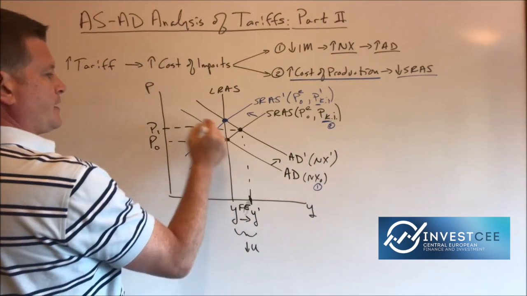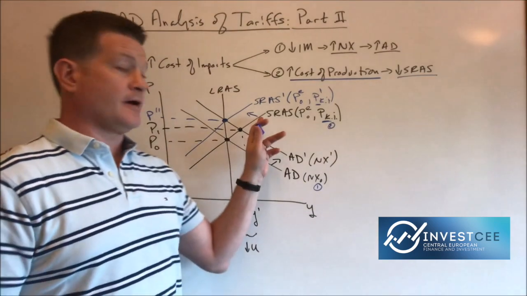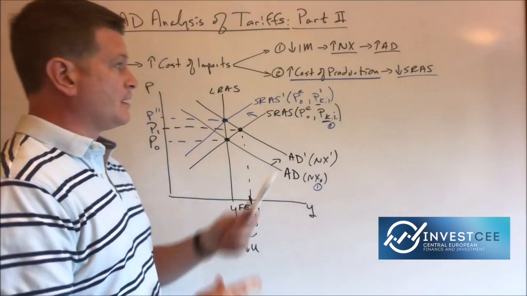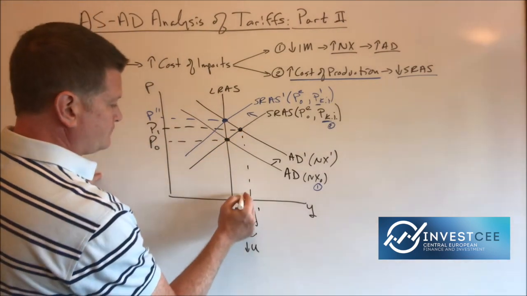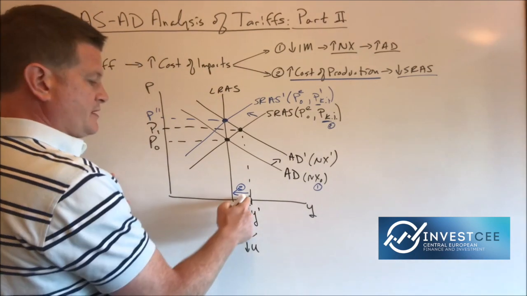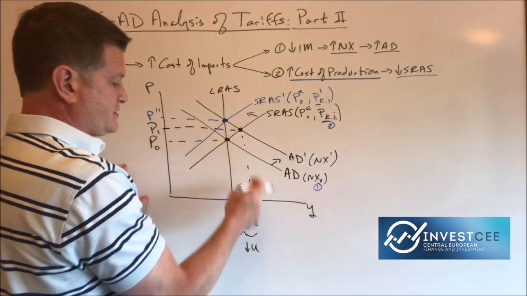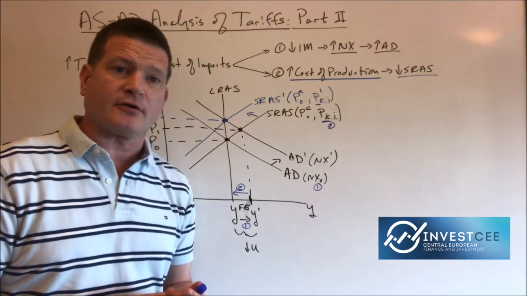So then come back. What's the result of this effect? Well, this decrease in supply decreases output from where it was and puts us back on the long run aggregate supply curve.